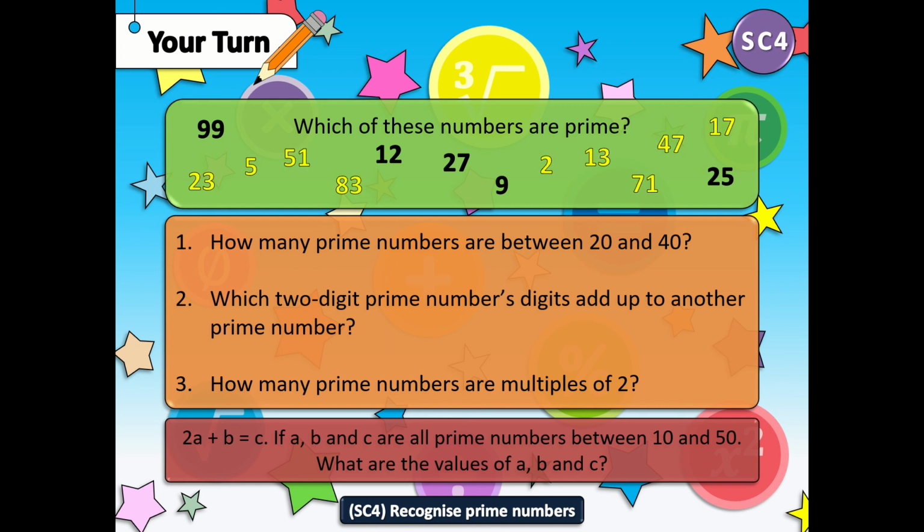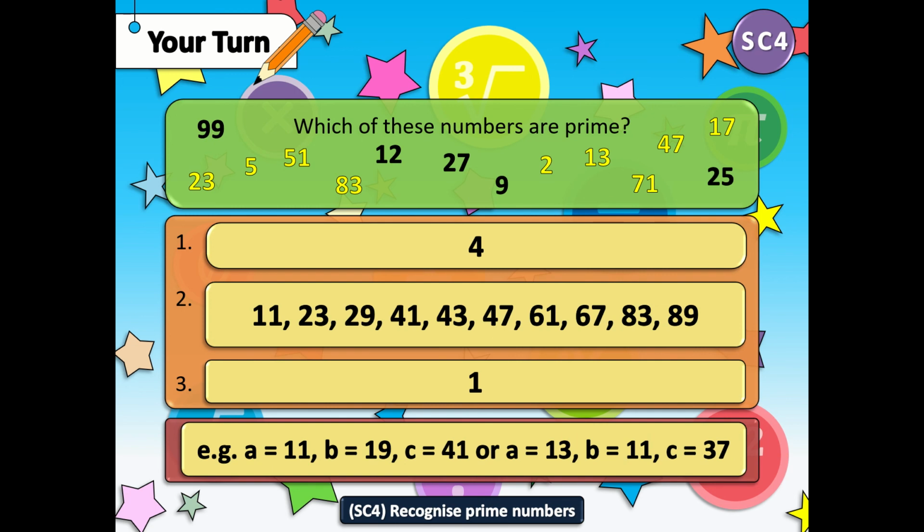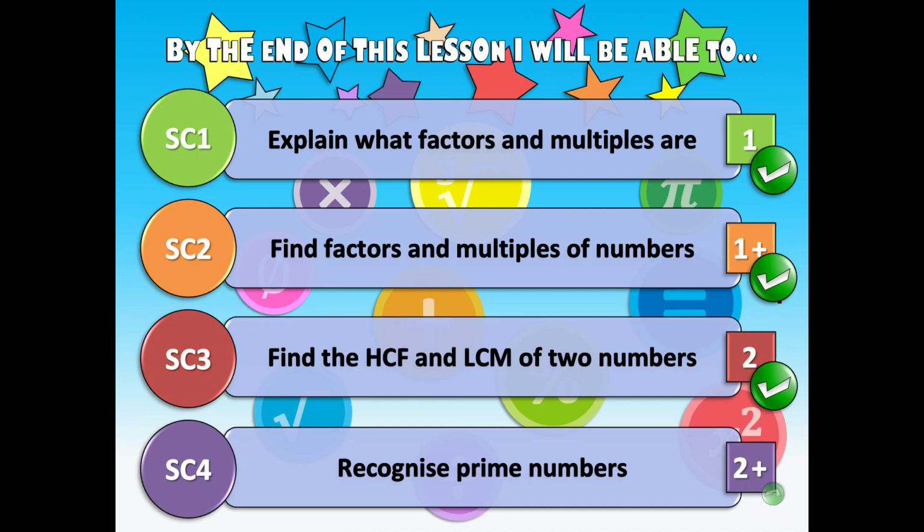So there's your green answers. There's your amber answers. And there's your red answers. So now we've completed success criteria 4.